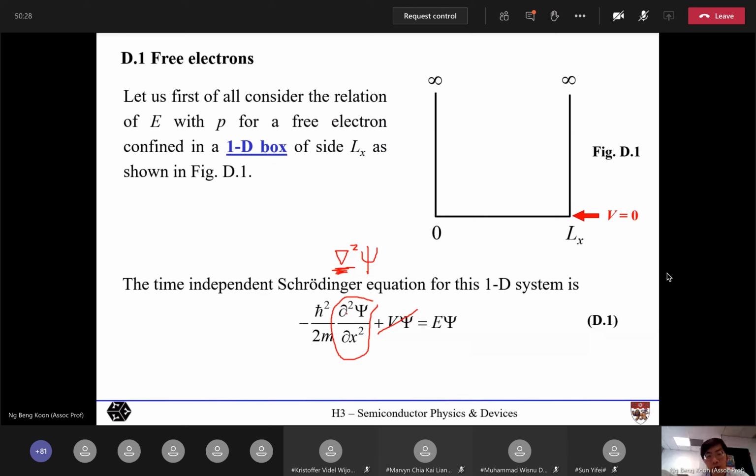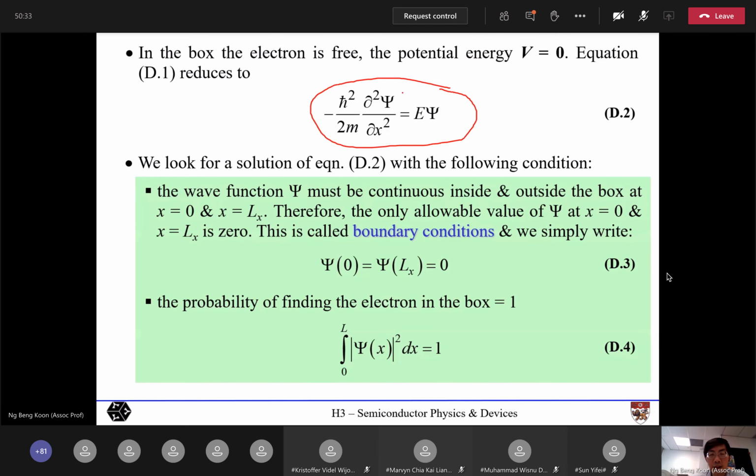That's why we are using the second derivative of the wave function here. And this equation, in a one-dimensional case, is a rather simple second order differential equation that you need to solve, so you can get some analytical expression for this.